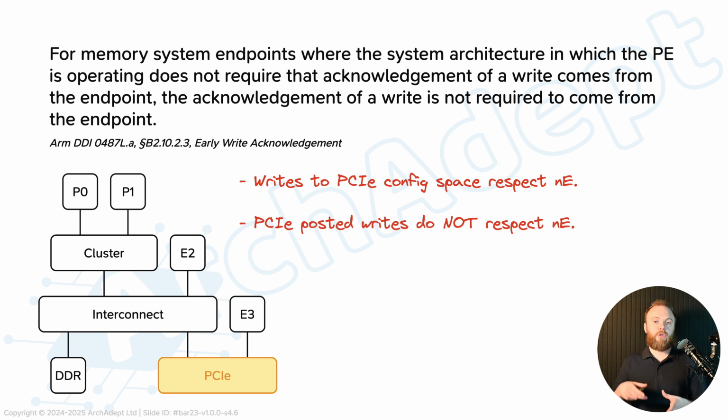So now you'll have something like an AMBA-based primary interconnect, which is what the CPU itself issues its transactions to, and you'll have some kind of bridging between that AMBA-based interconnect and the PCIe-based subsystem. And the thing about PCIe is that while writes to PCIe config space typically will respect the value of the NE flag, PCIe posted writes typically will not respect the value of the NE flag. That is to say, we'll get a completion response back from the subordinate node hooked up to the AMBA-based interconnect.